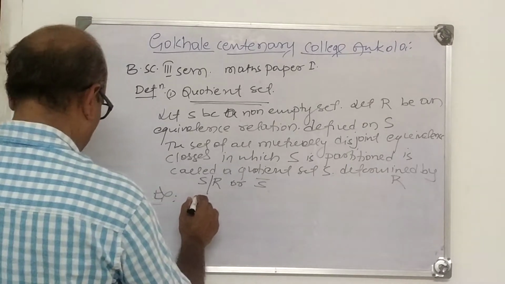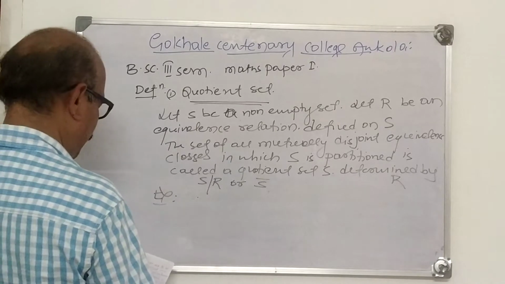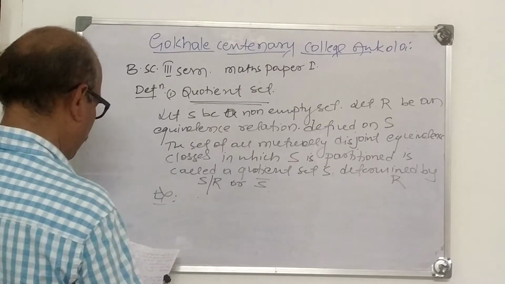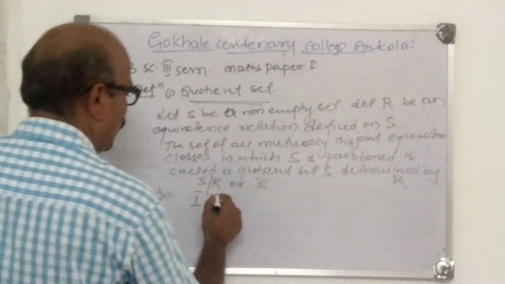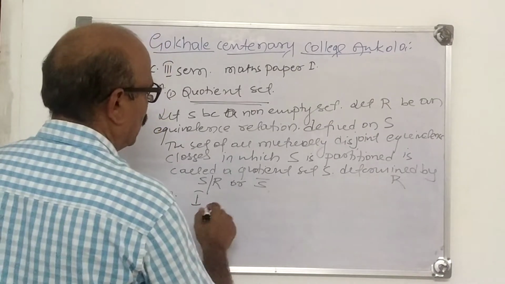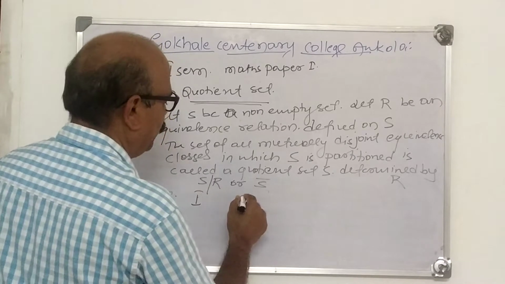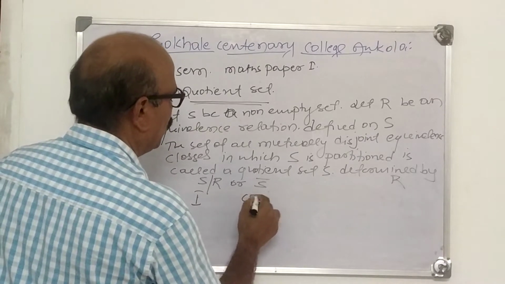Example, consider the set of all non-zero integers. The set of integers is denoted by I. Now consider the equivalence relation congruent modulo 5.